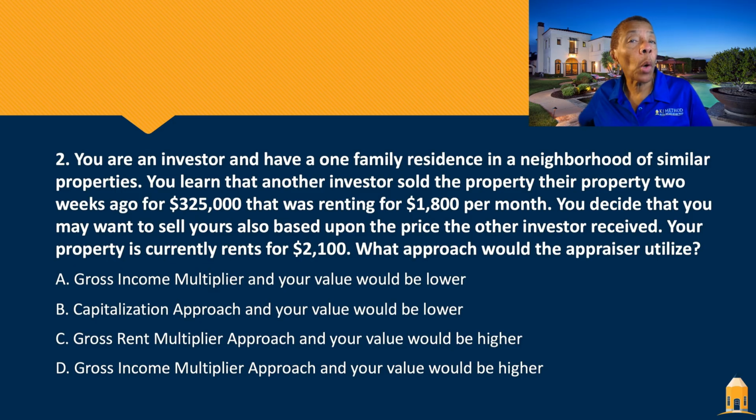Then the second part of the question, if you're looking at their rent, they were getting $1,800 and they sold for $325. You're getting more rent, $2,100. So do you expect to sell for more or less? You expect to sell for more. All right, so the answer would be C.